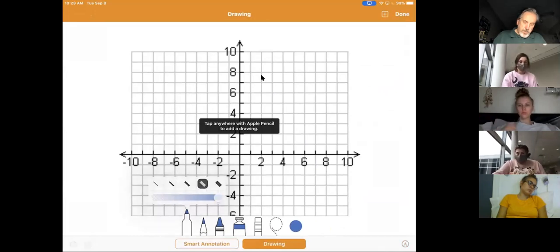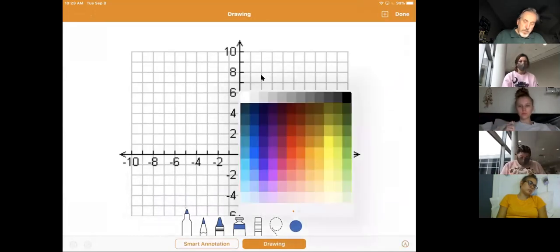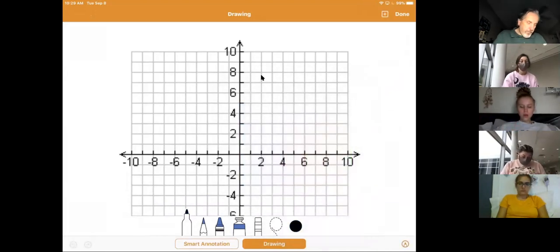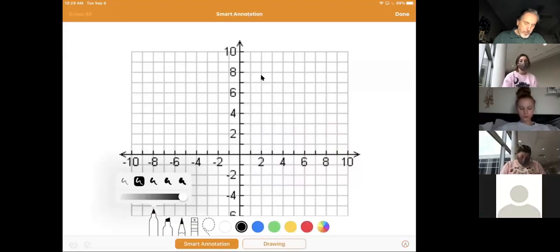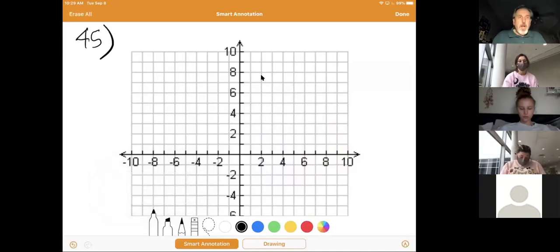Get this all set up. Okay, there we go. Problem number 45. And again, I don't know why it keeps flashing in and out like that. I'm really sorry about that.